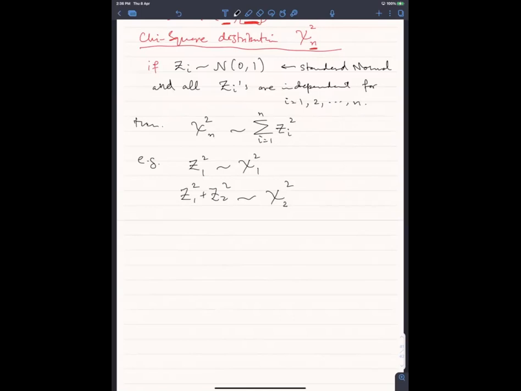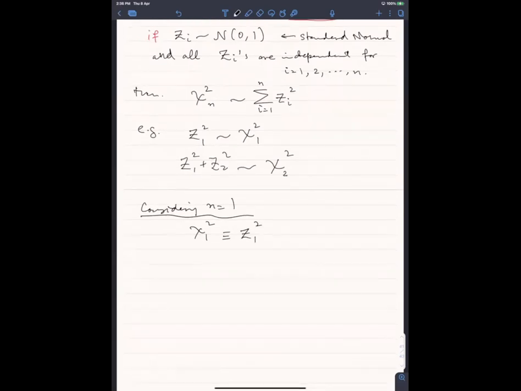It's simple to find the distribution considering n equal to 1: chi-square 1 is the same as z1 square, the chi-square distribution with 1 degree of freedom. With 1 degree of freedom, you take one standard normal and put its square.